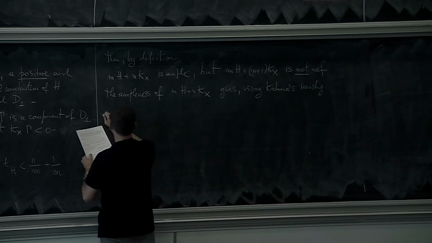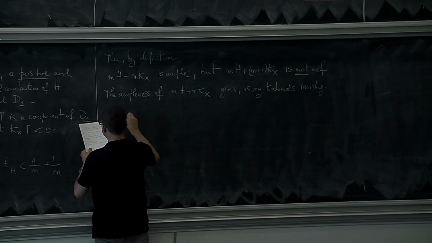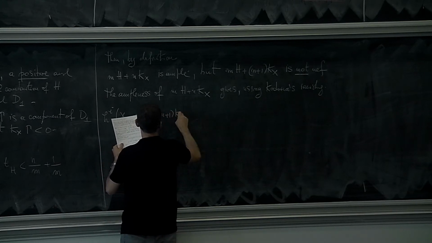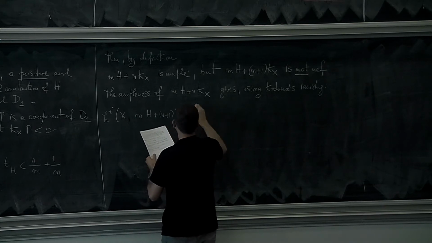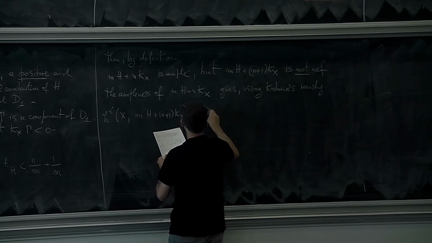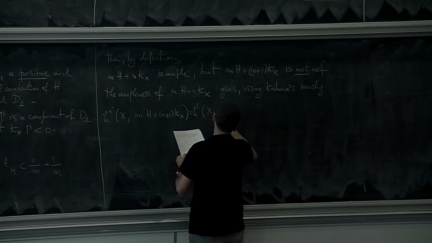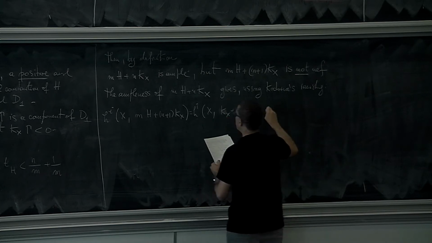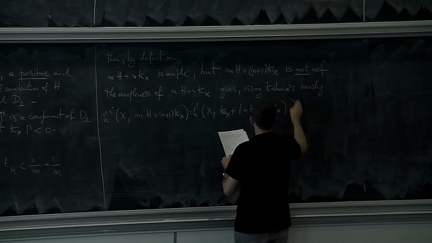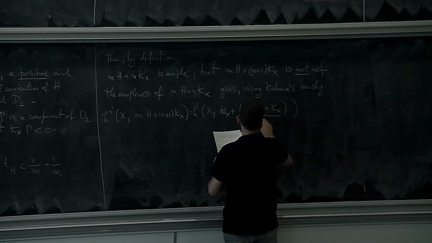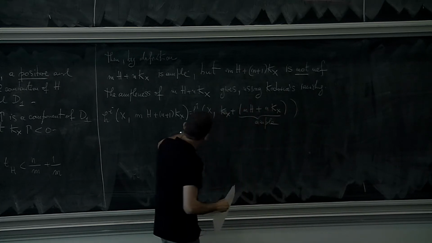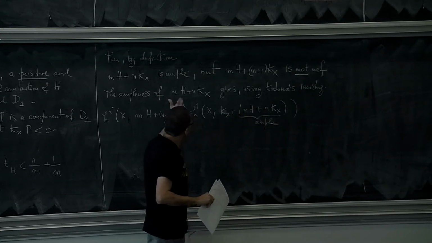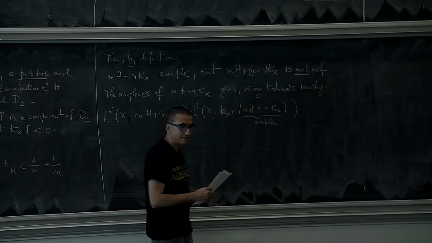We have that H^i(X, mH + (n+1)KX) we can write this as H^i(X, mKX + (mH + nKX)). This is ample. H^i of something canonical class plus something ample is 0 if i is strictly greater than 0.